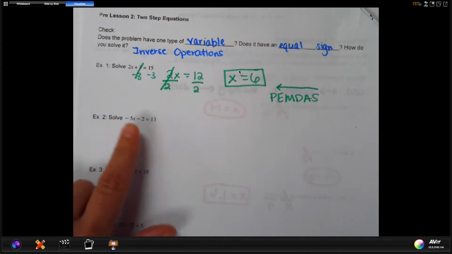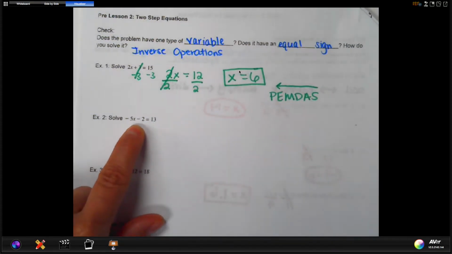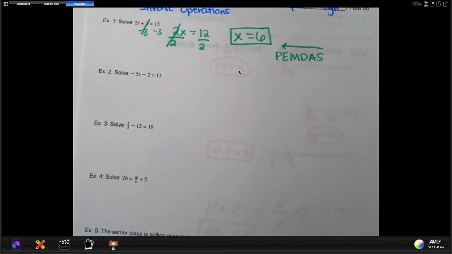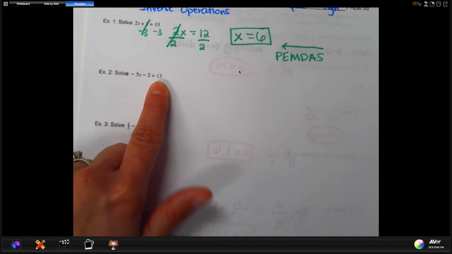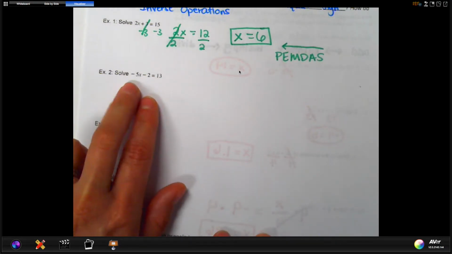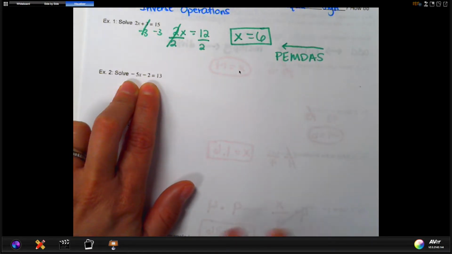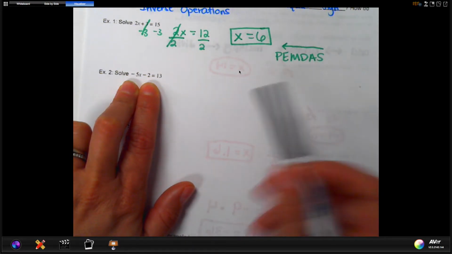Okay? So looking at this one, same idea. Negative 5x minus 2 equals 13. Okay, let's look. Who's already safe in this problem? 13, not coming back in, they're already safe. So we've got to get out negative 5 and this minus 2, right? And so our choice is, who's going to get out first?